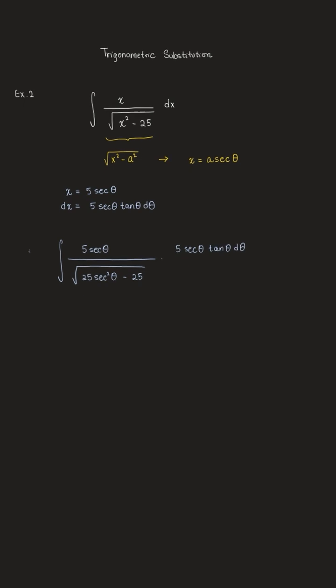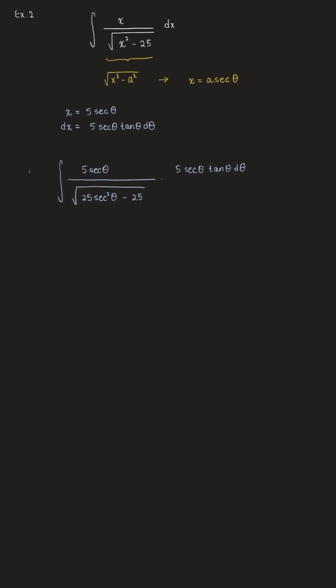Okay, let's work on simplifying the denominator, the square root. I'm going to work on this separately outside of the integral so that we can take a look at it more carefully. Because both of these terms within the square root have a 25 in common, I'm going to factor out 25 so that we're left with secant squared theta minus 1.